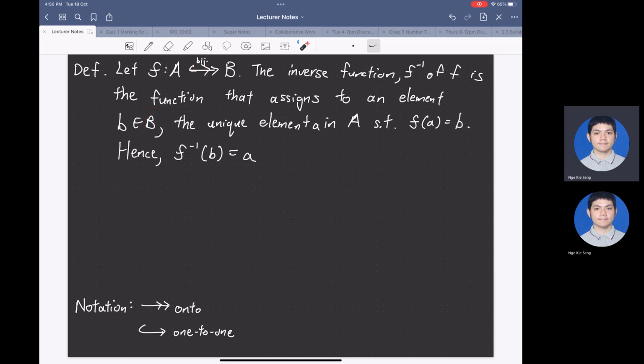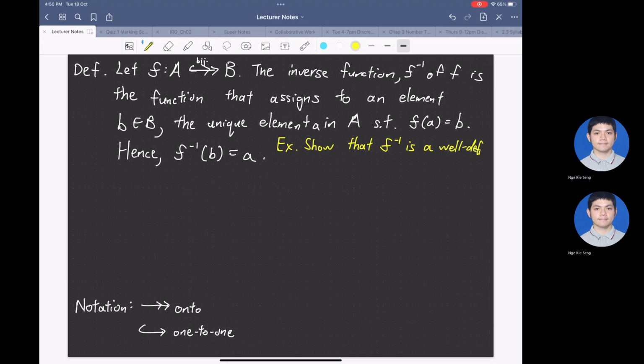Because this is a bijection, which is onto, we can find a pre-image. And to be pedantic, you should show that f inverse is a well-defined function, which means you don't send one thing to different things. Just show that it is a function.